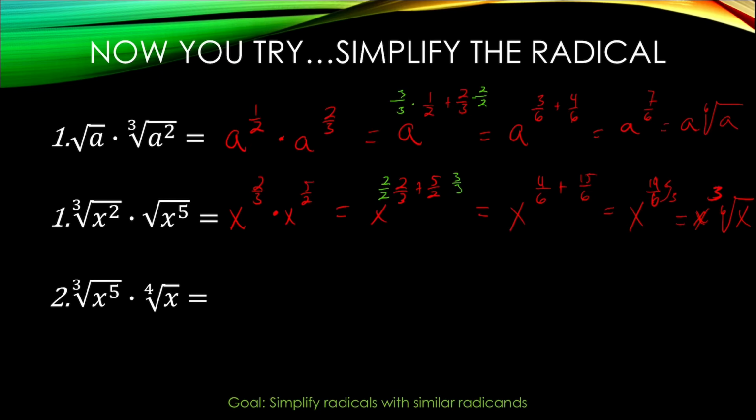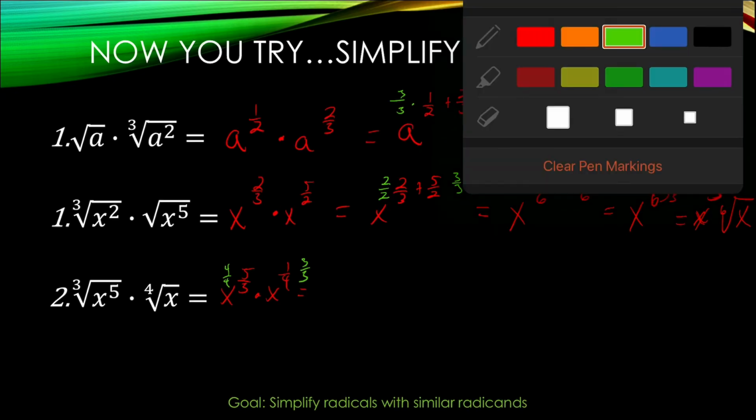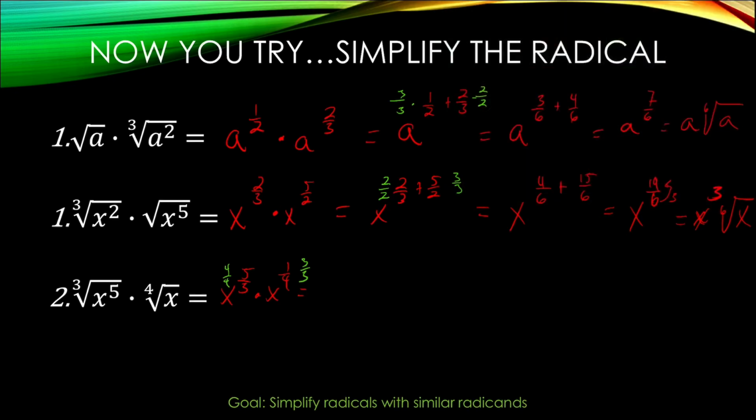All right, let's look at this next one. I have x to the 5/3 times x to the 1/4. We can say this is 4/4, 3/3, but we're going to multiply to simplify these fractions down.